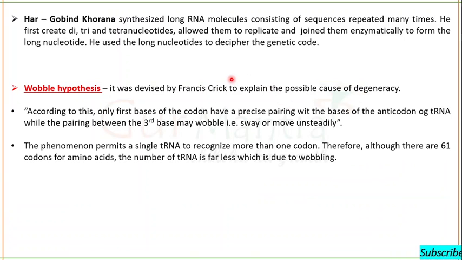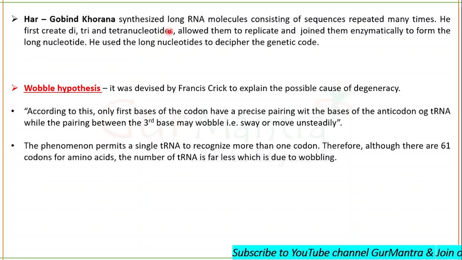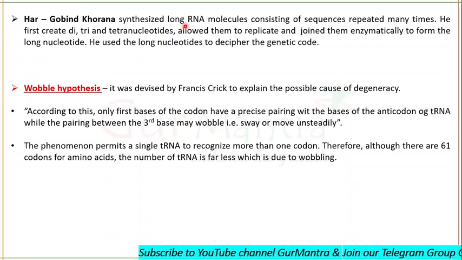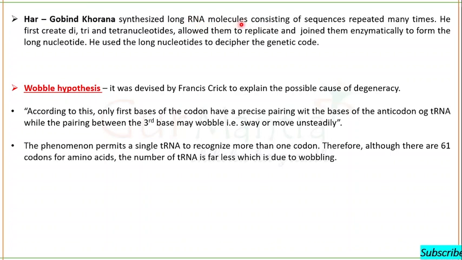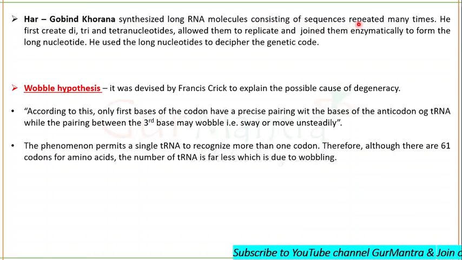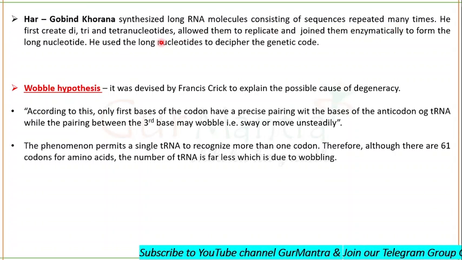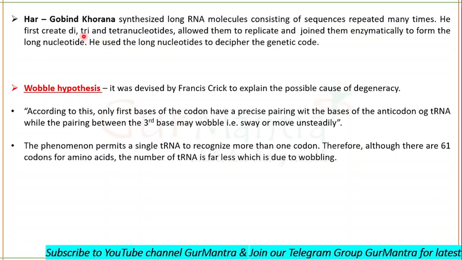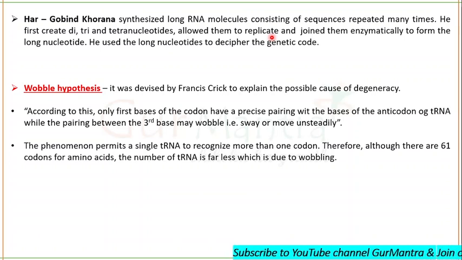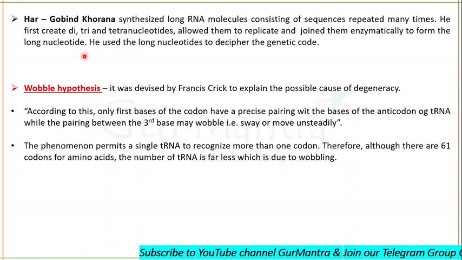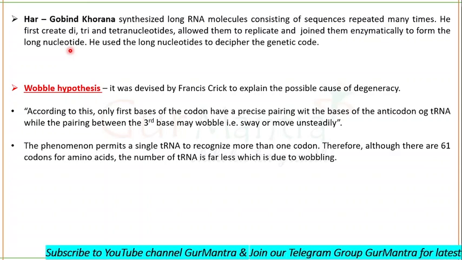Fine. Har Gobind Khorana also did a great job because he was able to synthesize a long RNA molecule, consisting of sequences repeated many times. Actually, what did he do? He made di-, tri-, and tetranucleotides, then replicated them, and joined all these nucleotides with the help of enzymes.